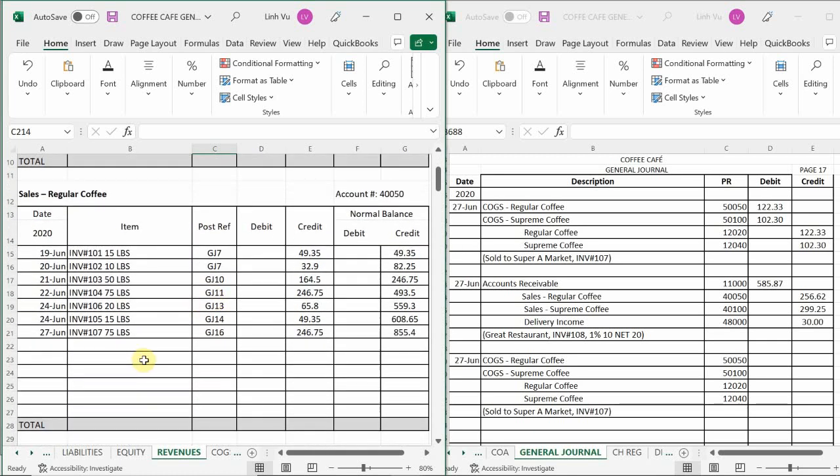And for the regular coffee, we sold 78 pounds on the 27th. It's invoice 108. And it's on page 17. And it's $256.62. And now the balance is $1,112.02.